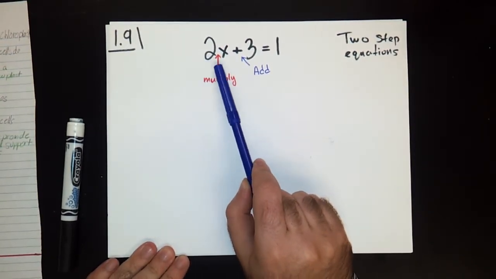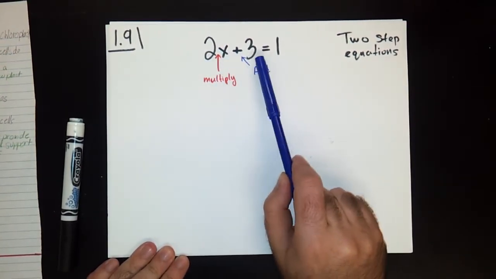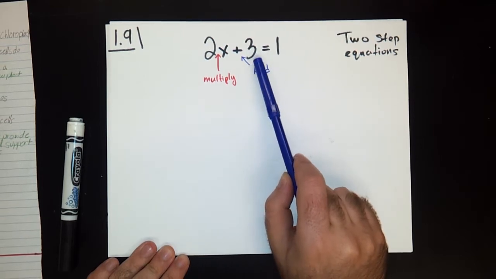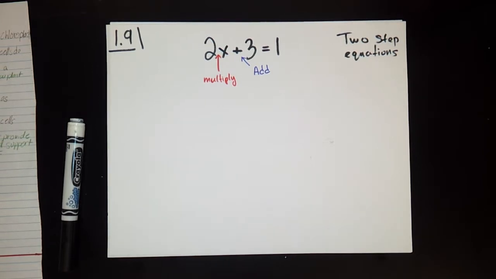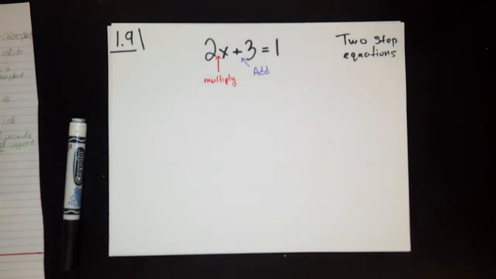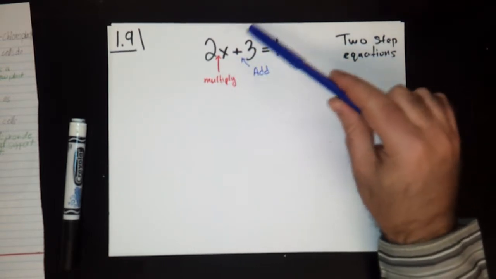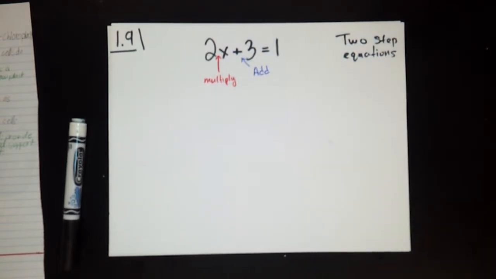It's attached at the hip with the x. They're right next to each other. The 3 is further away. And that is my tip to you when dealing with two-step and then later on multi-step equations as well. Work your way from the outside all the way to the inside, and your goal is to get x all alone. So I want to deal with this first because that's further away.